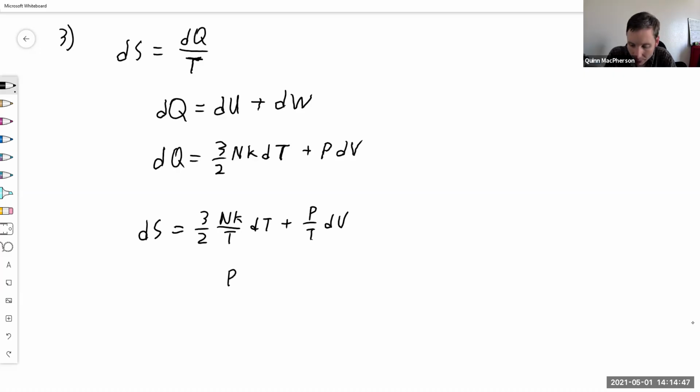So if you remember, pv equals nkt. We can divide by t and divide by v, and we get p over t is equal to nk over v.